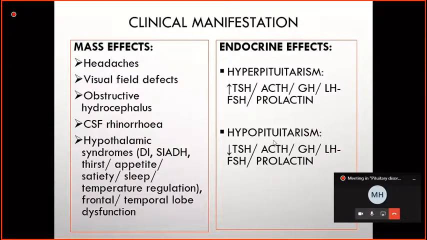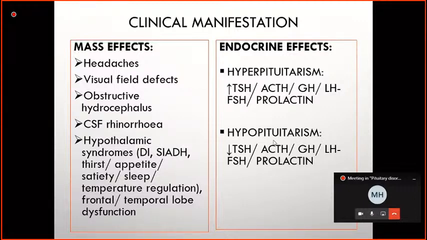Because of compression of the optic chiasm, you will learn in detail about this in the nervous system, how the optic chiasm crosses.